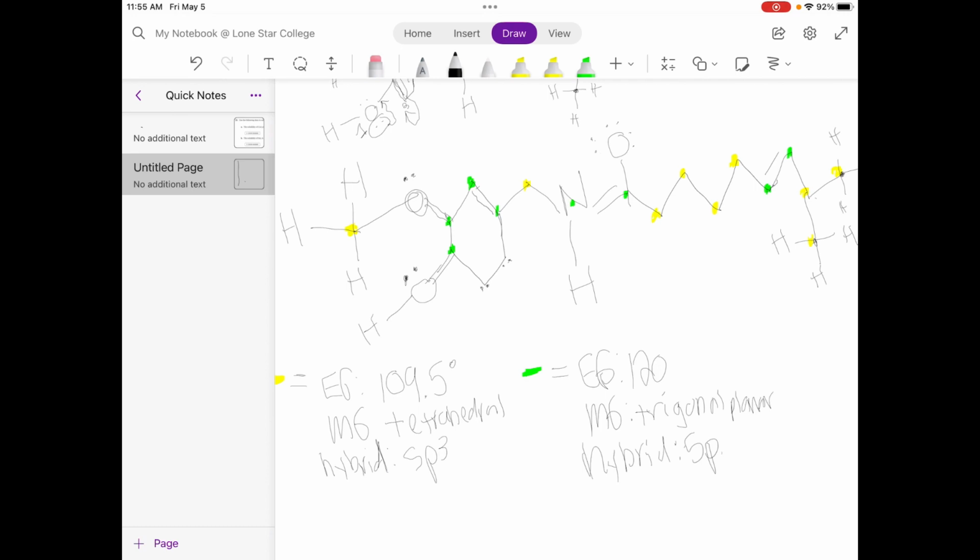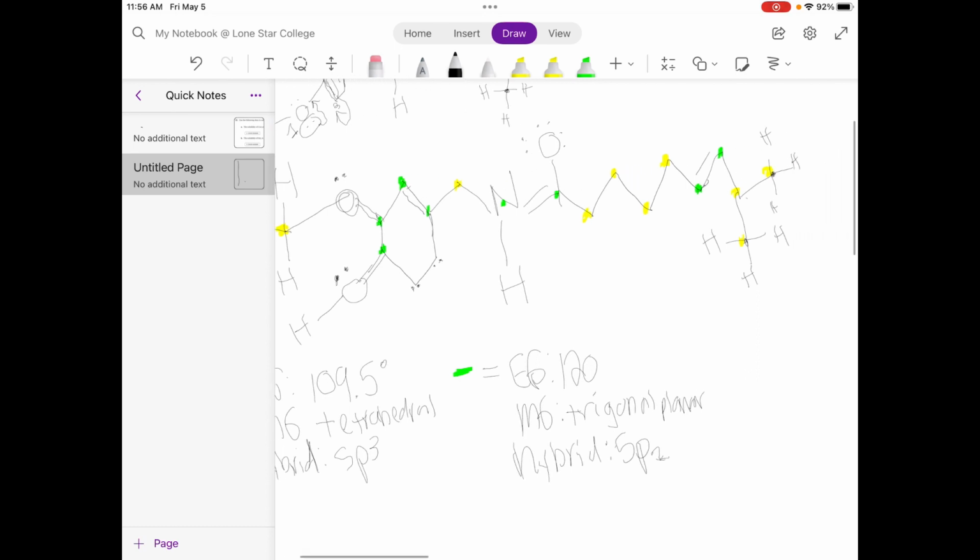So it's sp2. Alright, what's left? We got 2 oxygens left, 2 carbon atoms with lone pairs. We got an oxygen with 3 lone pairs. Wow, okay. And that's it? Okay, I can do that.